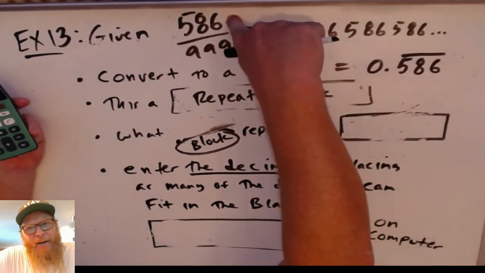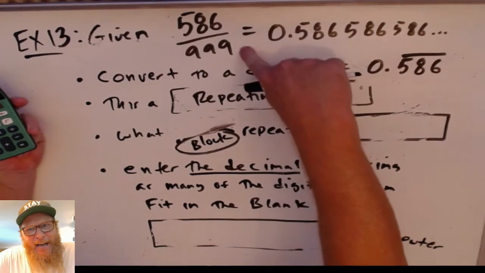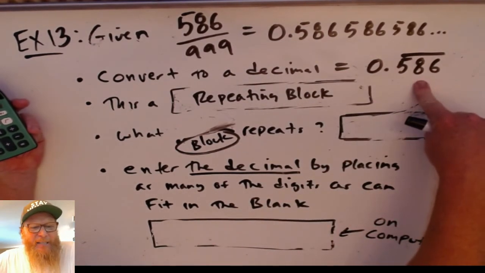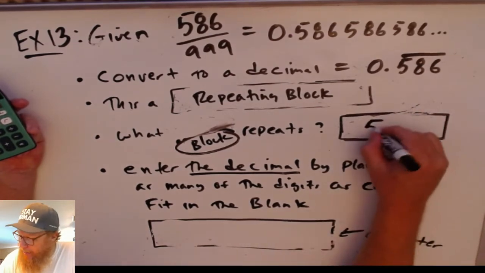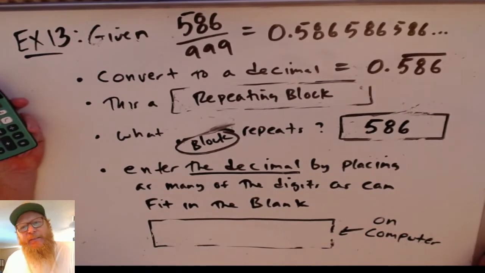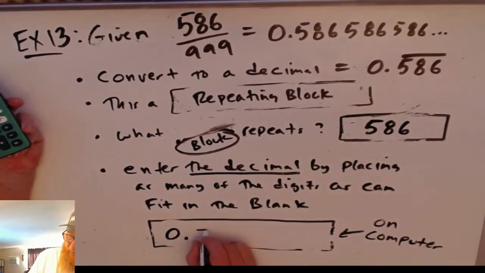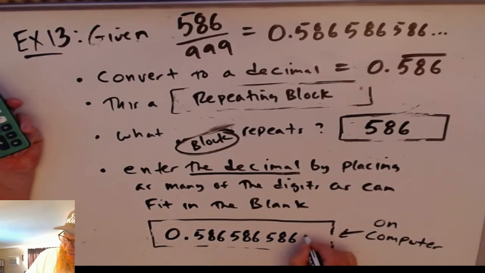Look, 586 999ths. That's just a repeating 586, 586, 586, 586. So what block repeats? 586. And so on your computer, you would just take this answer up here, 586, 586, 586, 58.